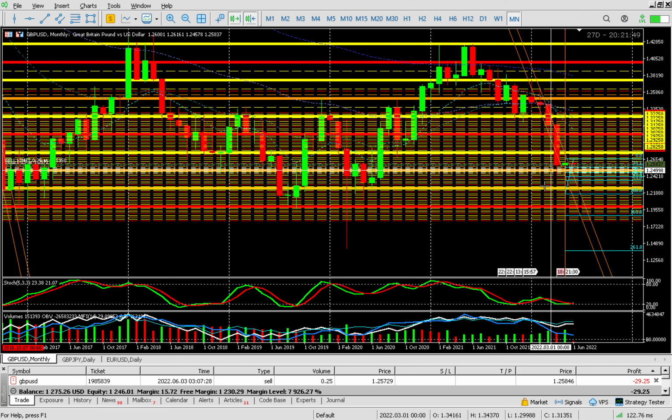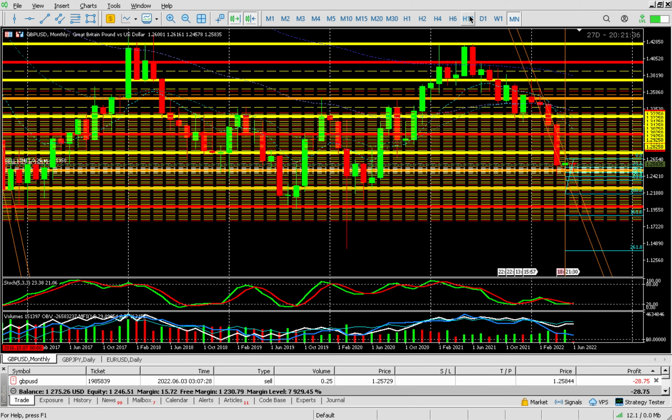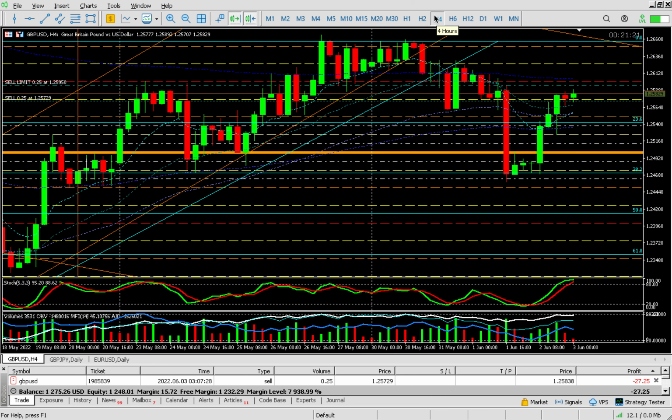I've got to brush up on my candlesticks, but I definitely think it's going back up eventually. Like I said, I think it's going down first and then up. Down, down, right here, and then up. That's what I think. So let's see what's going on.